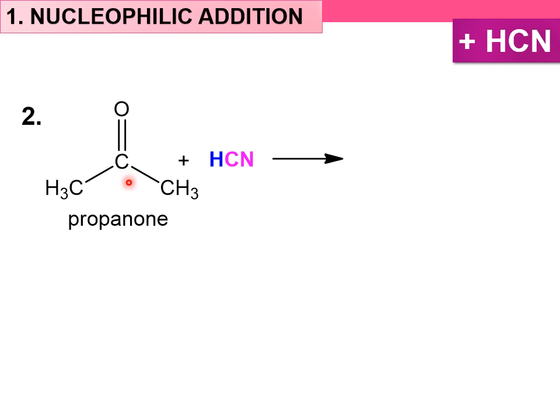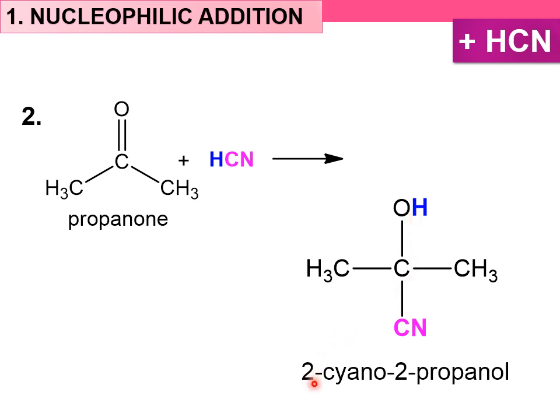It will attach to the carbonyl carbon like this, and the proton H+ is going to be attached to the carbonyl oxygen. And now we're going to get 2-cyano-2-propanol. The CN is attached to carbon number 2, and the hydroxy group is also attached to carbon number 2.